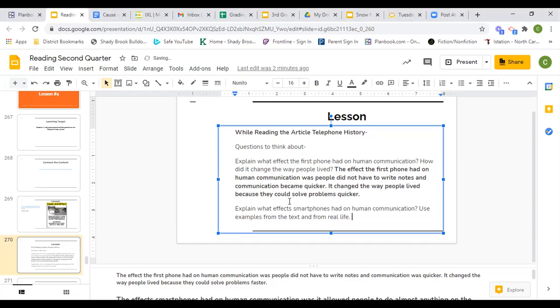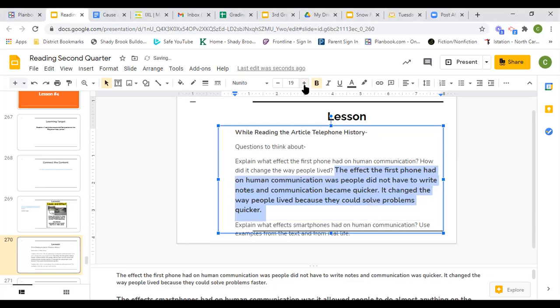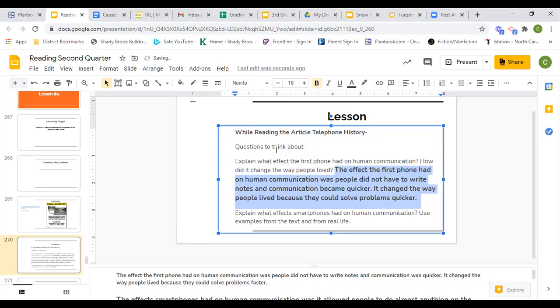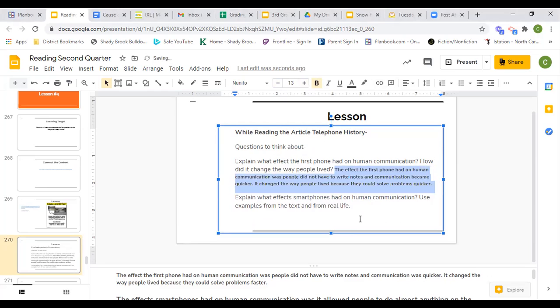And let's make sure we're using complete sentences. I'm going to put it in bold. Maybe I can even make this a little bit bigger for us. If I do that, though, do you know what I'll do? I'll make this one bigger because it's the one we're working on.